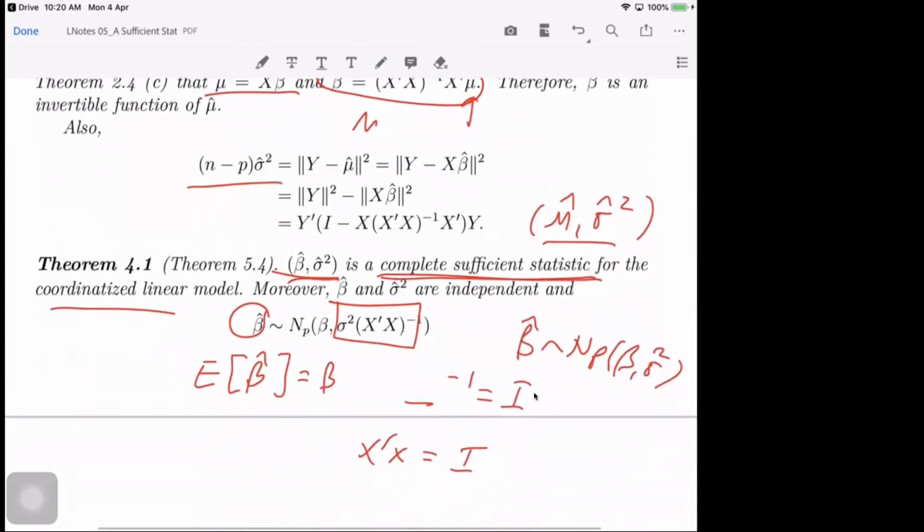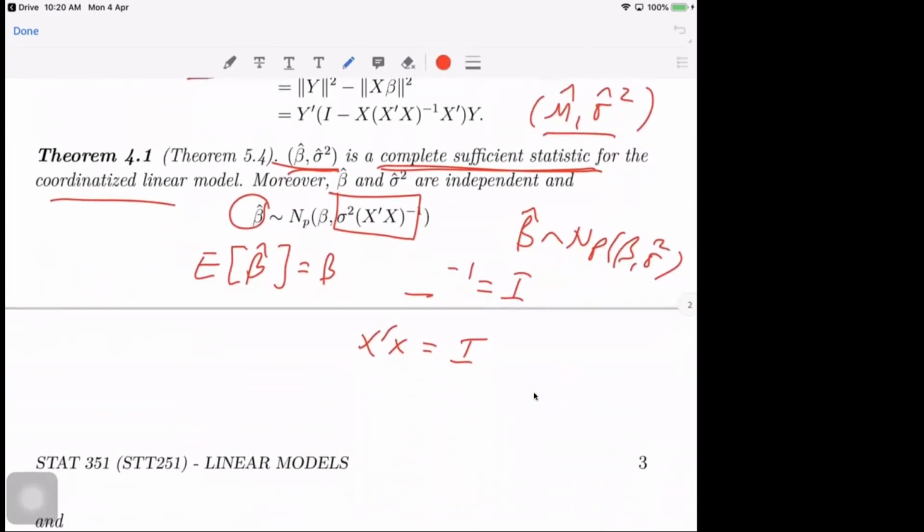So later, you will also see, aside from being unbiased, this beta hat actually is blue. So blue here, U here is unbiased estimate. BL will be the best linear unbiased estimate.